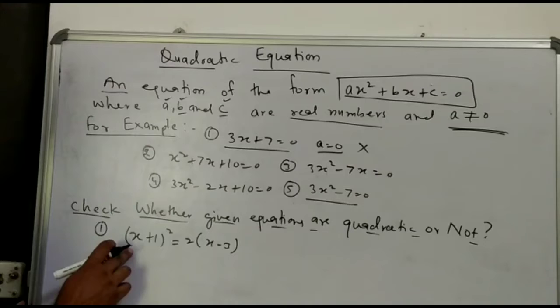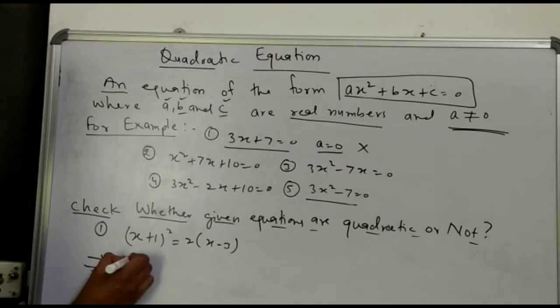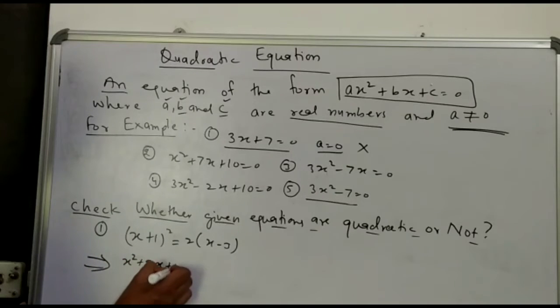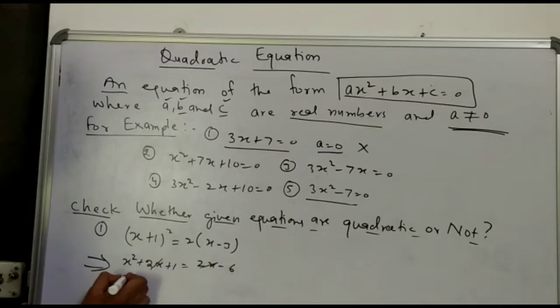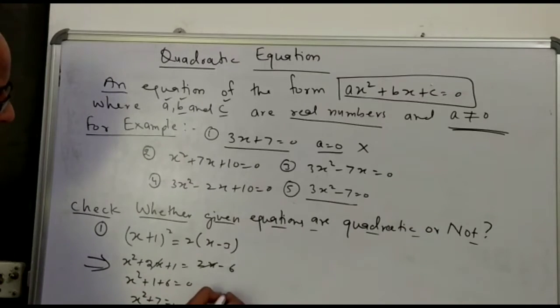When you open it, a plus b whole square is a square plus 2ab plus b square. So 2x and 2x cancel. x square plus 1 plus 6 equals to 0. So x square plus 7 equals to 0, and it can be written as x square plus 0x plus 7 equals to 0.